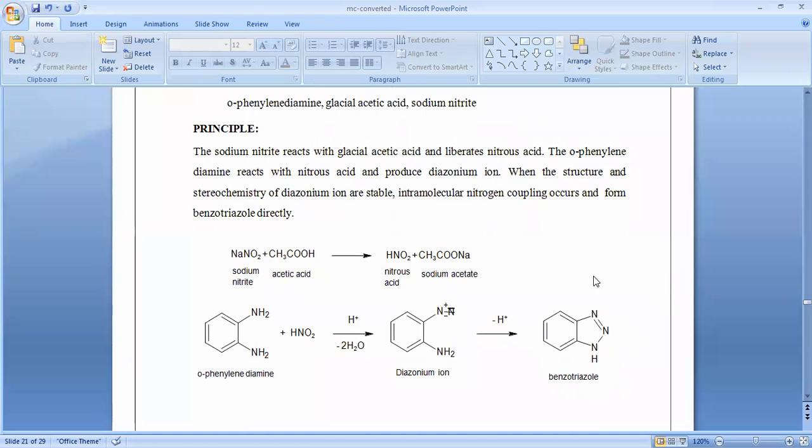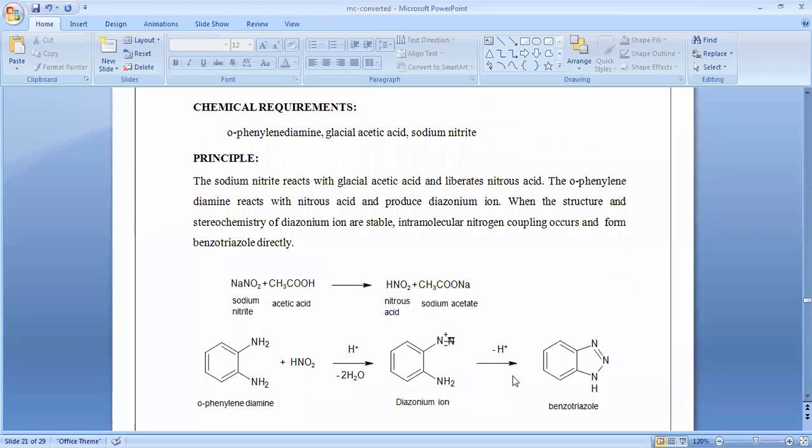Now their properties are totally different. Benzimidazole's and benztriazole's properties are totally different, but there is only a slight change in the structural formula. So from orthophenylene diamine, we are synthesizing benztriazole. Now what is the procedure? This is also a ring closure reaction.